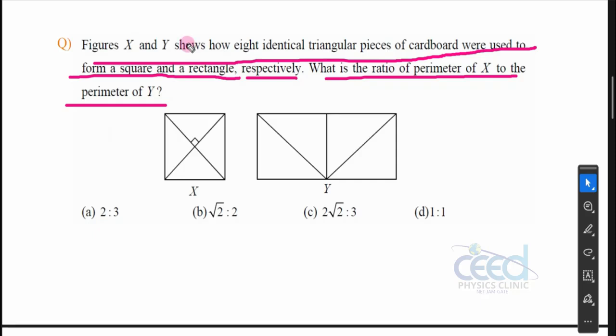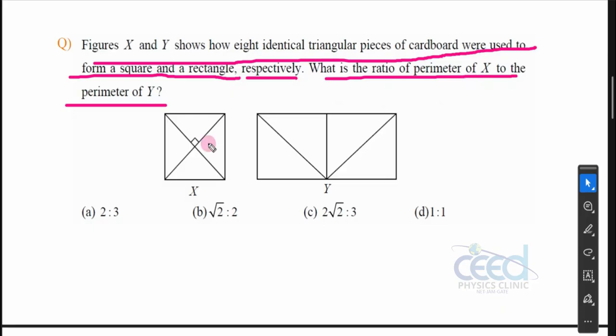Now X and Y show 8 identical triangular pieces, 1 2 3 4 5 6 7 8, that are identical, right.